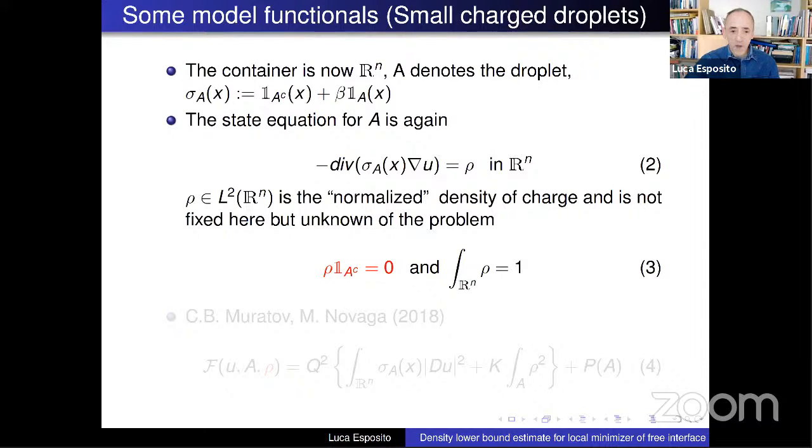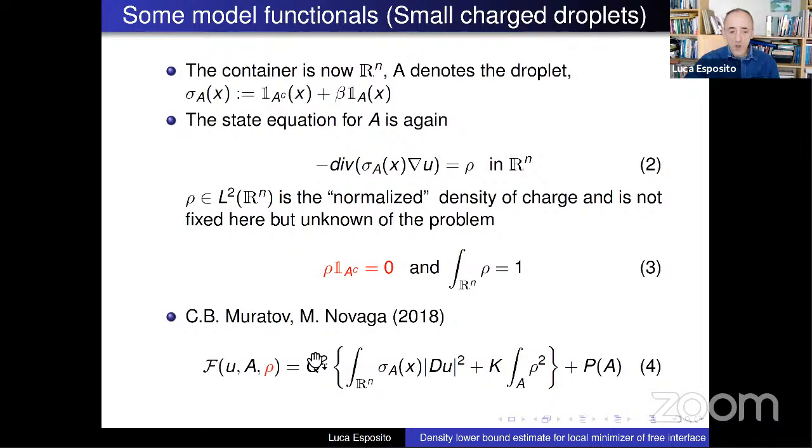So there are more free unknowns. And it is normalized because in the functional, the total charge is put in front of the integral, so you have the condition that the source charge has integral 1 on R^n.